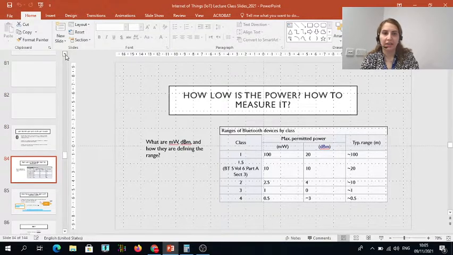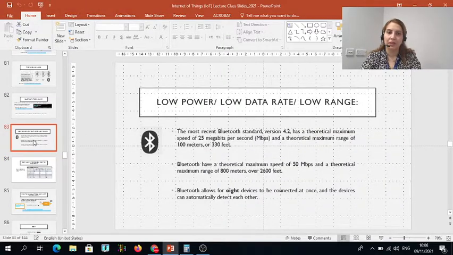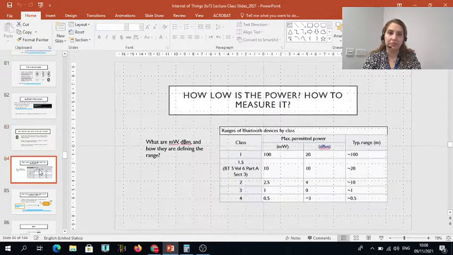We stopped at the description of the Bluetooth signal, when I was discussing how the parameters milliwatt and dBm are related.